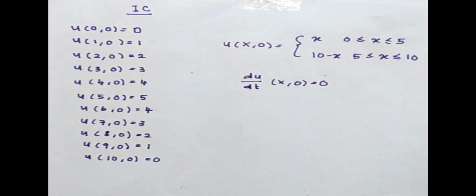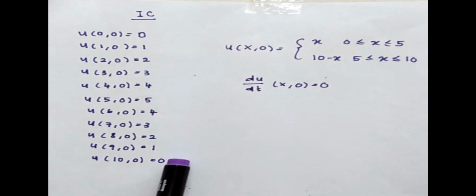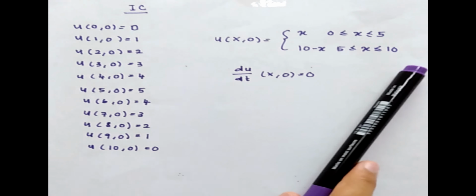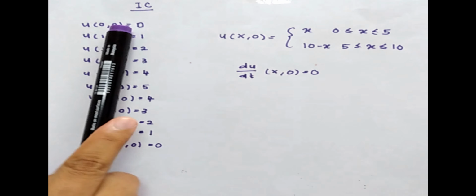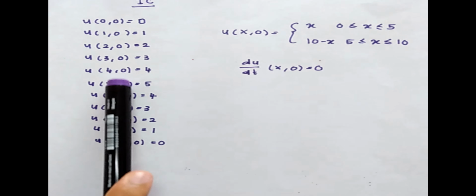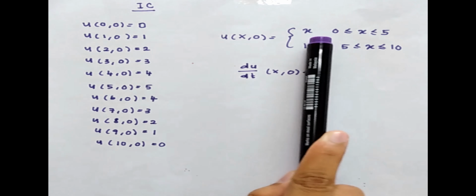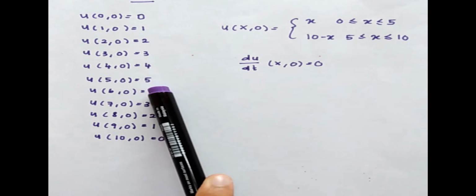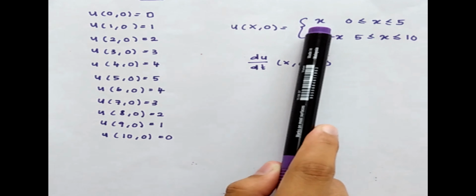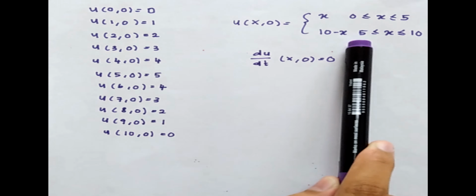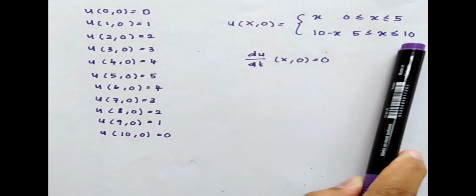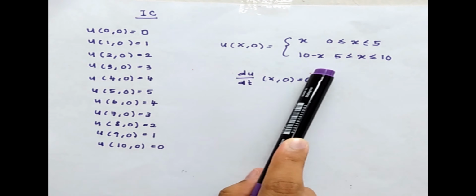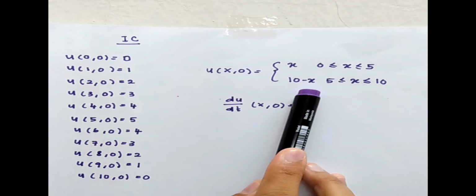Okay, after that, we find the initial condition by looking at this piecewise, which is when x equals 1, 2, 3, 4, 5, within the range 0 until 5. The answer will be the same as x, but when the range is 5 until 10, we must follow this function, which is 10 minus x.